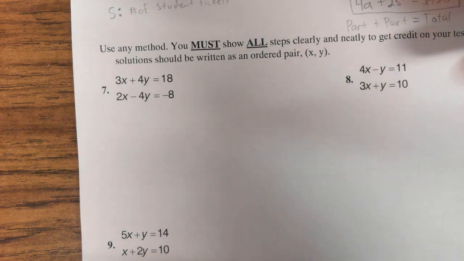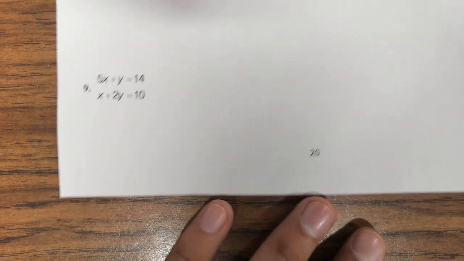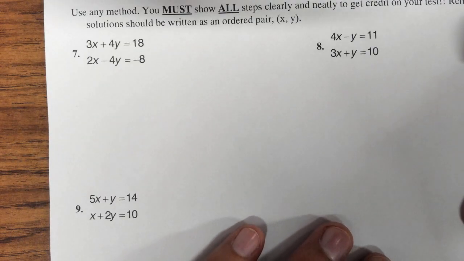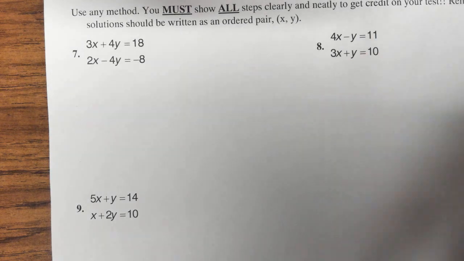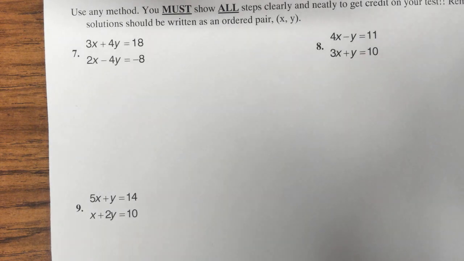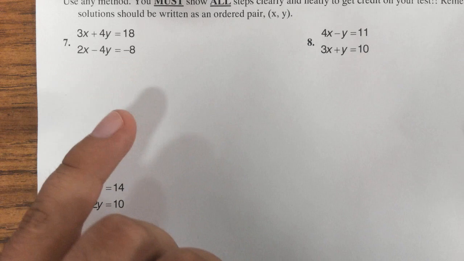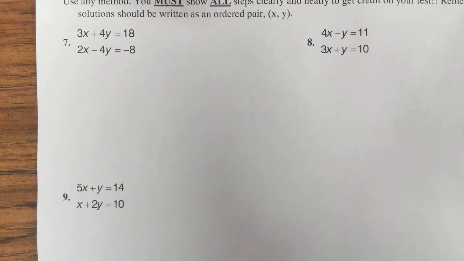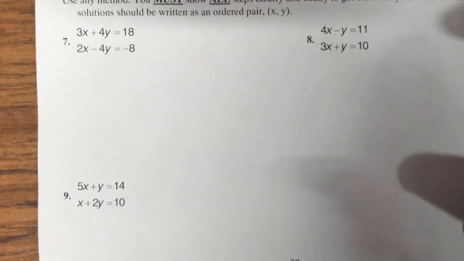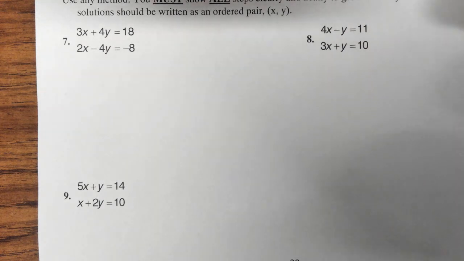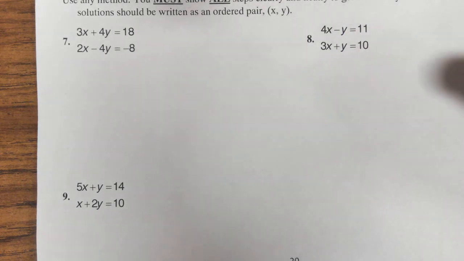So most of these will have a pretty straightforward way to solve, and it's up to you to just go in and find the best way to solve. Okay, so I'll solve 2 out of the 3 for you guys, just so you guys can see exactly what I mean.